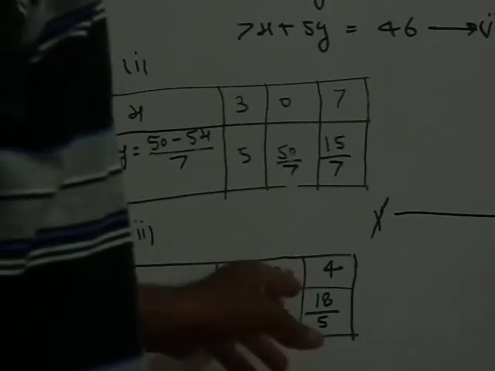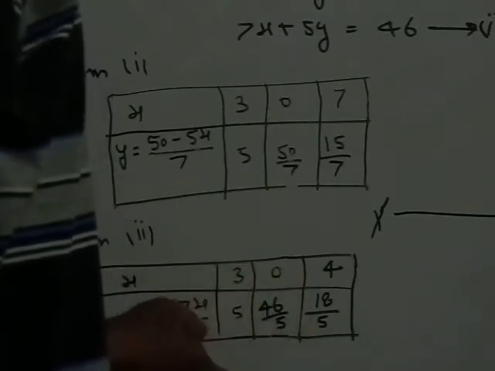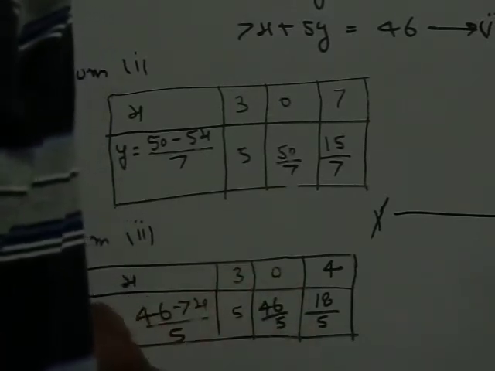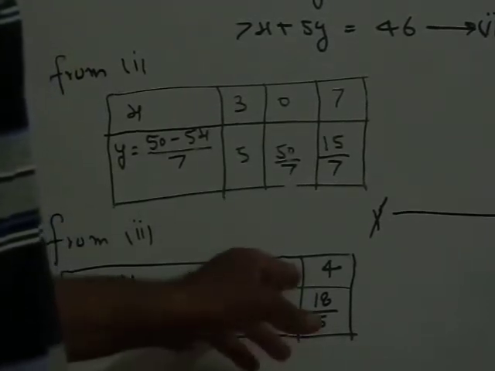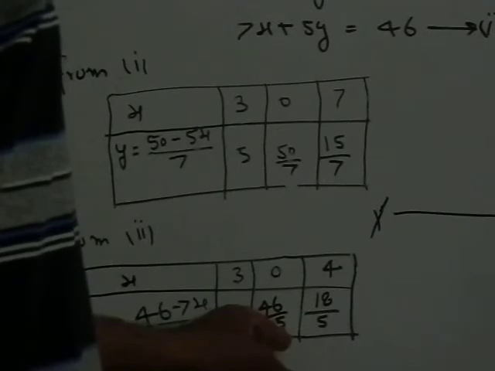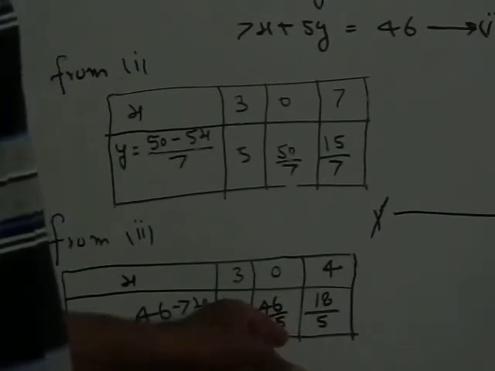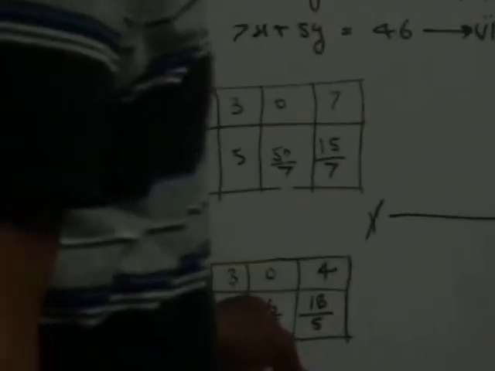For x = 0, this term will become 0, so y = 46/5, which is slightly more than 9. So for x = 3, y is this point (3, 5).